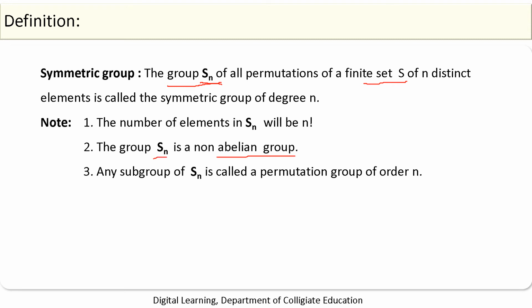So since Sn does not satisfy the commutative property, we say that it is a non-abelian group. That we have seen in the previous example, in the previous slide. Also, any subgroup of Sn is called a permutation group of order n. Here n is nothing but the order of the permutation group Sn.